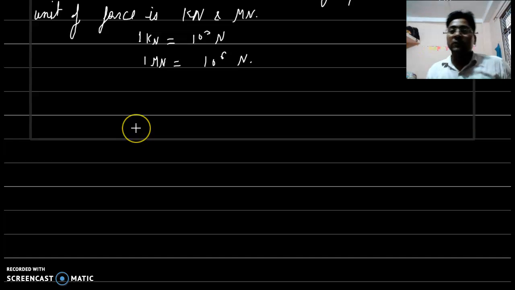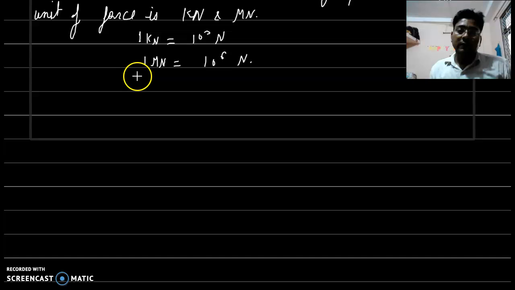The force is classified on the basis of the contact and on the basis of the balancing of the force and on the basis of the parallel and non-parallel force. So we first classify the force on the basis of the contact.